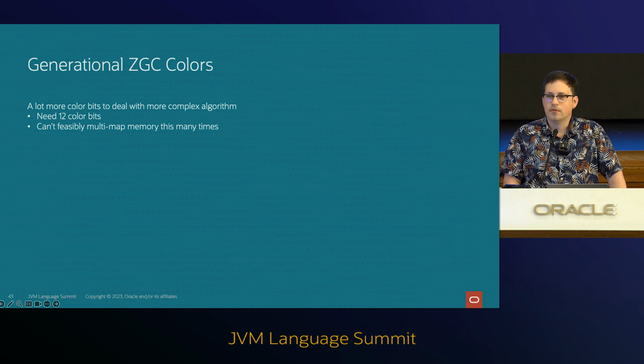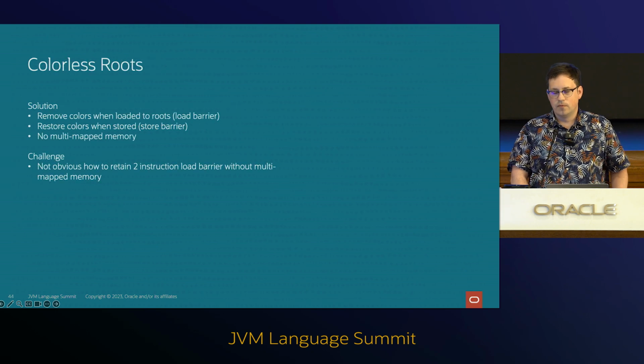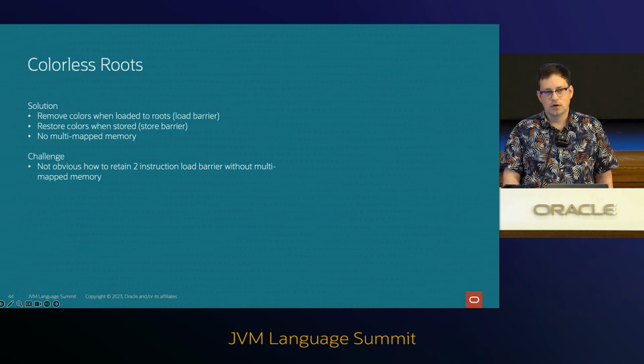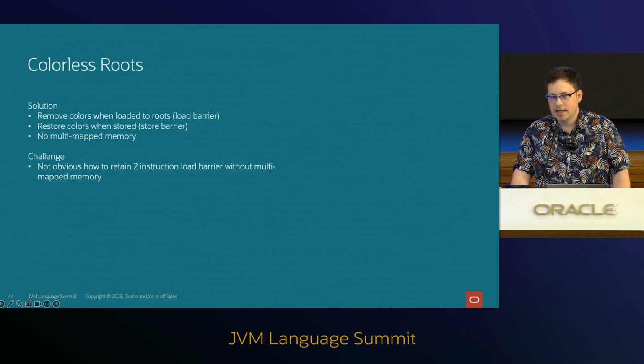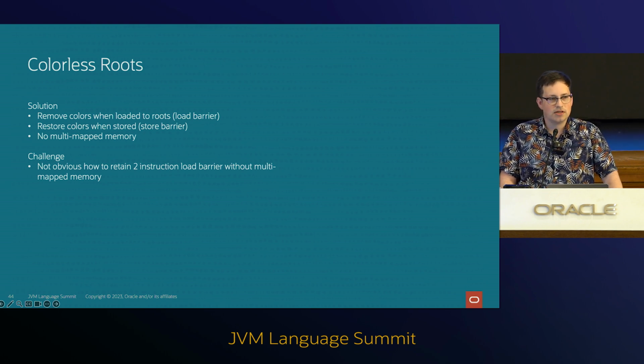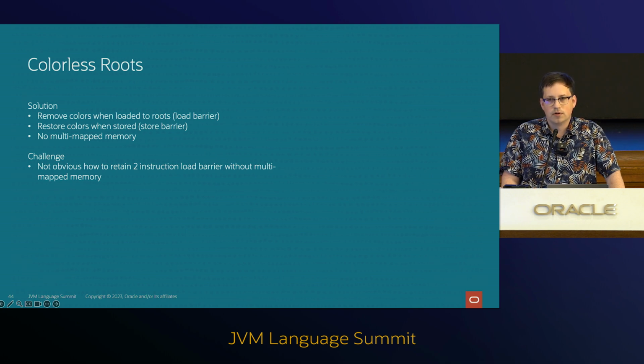So what do we do? We had to invent something new. And we call that solution Colorless Roots. The idea is that only the in-memory representation of pointers have colors. When we load a reference from the heap, as part of the load barrier, we remove the colors and end up with a colorless root. It's just an address.